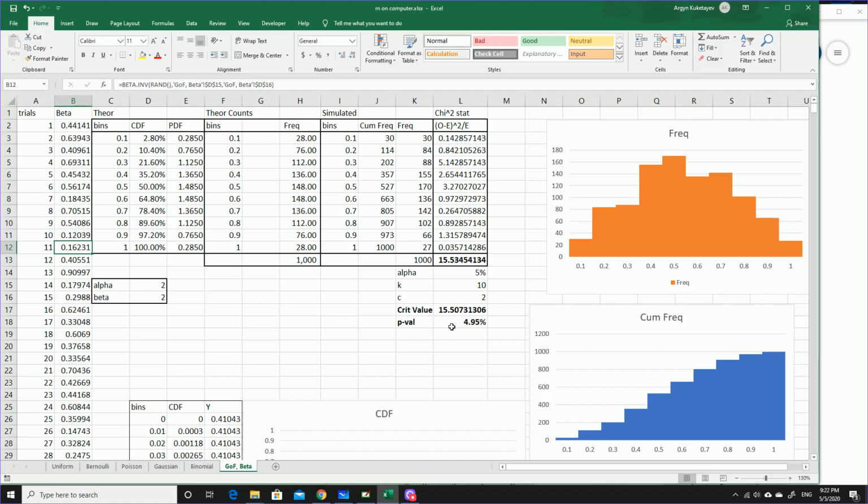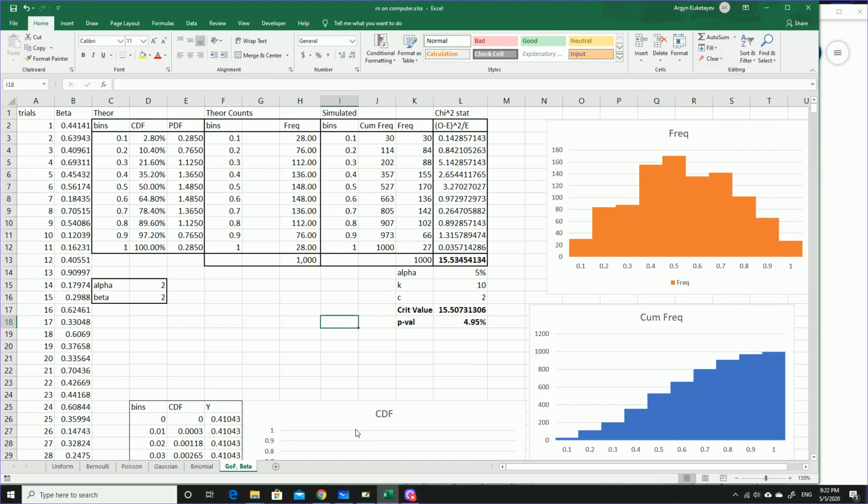So in this case, if I followed my formal testing approach, I would have to reject the null hypothesis. The null hypothesis was that the numbers in column B are from the beta distribution. So unfortunately, I would have to reject it at 5% significance.